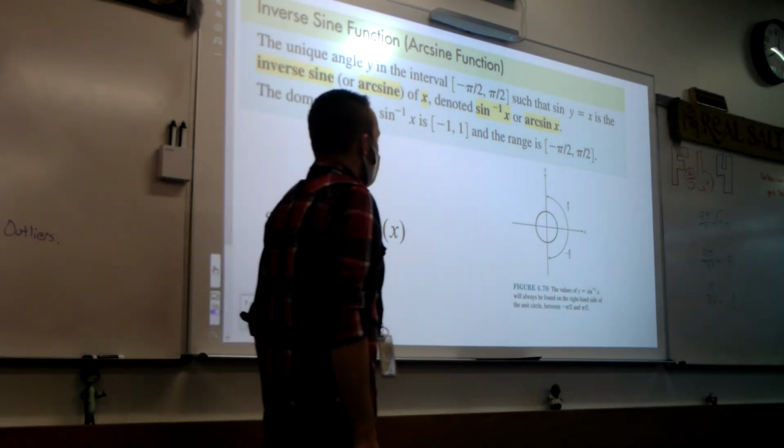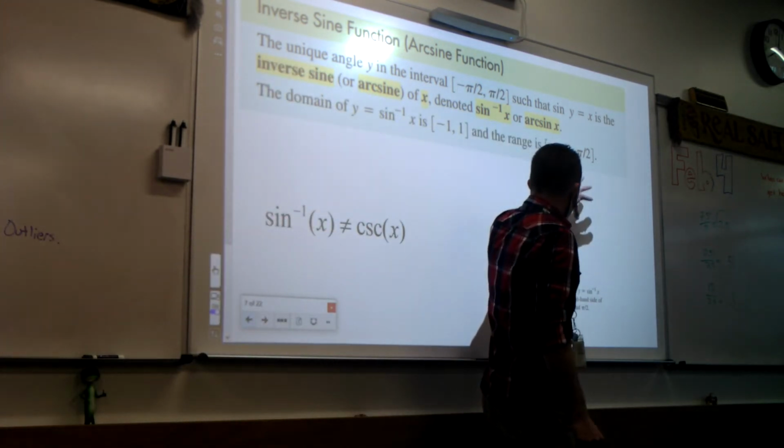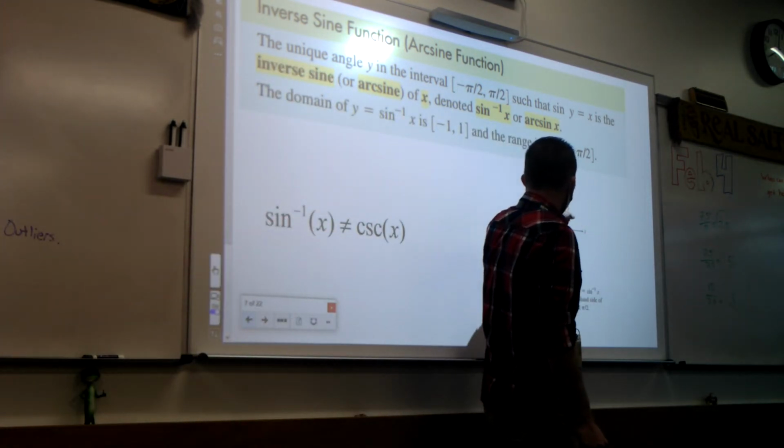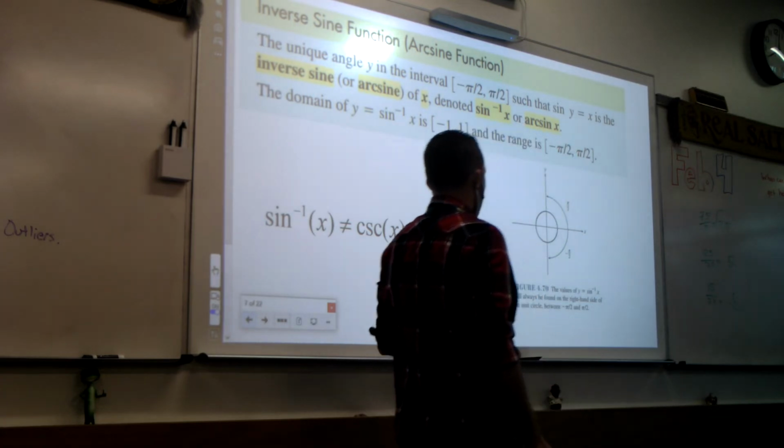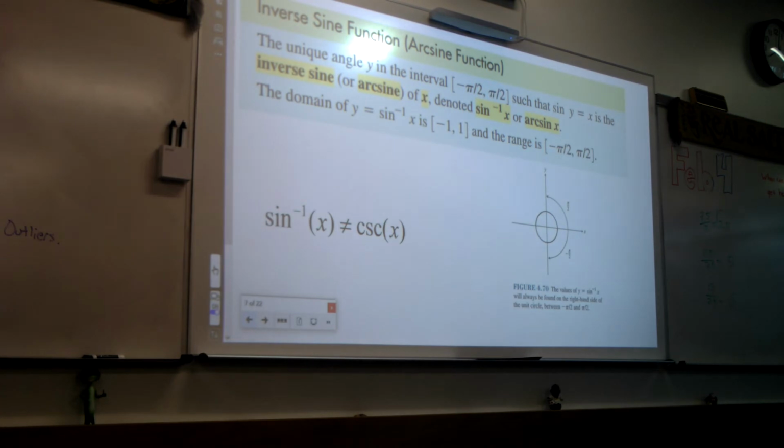Now, it's only defined, so here's arc sine, it's only defined between where? Negative pi halves and positive pi halves. What two quadrants are those? 1 and 4.